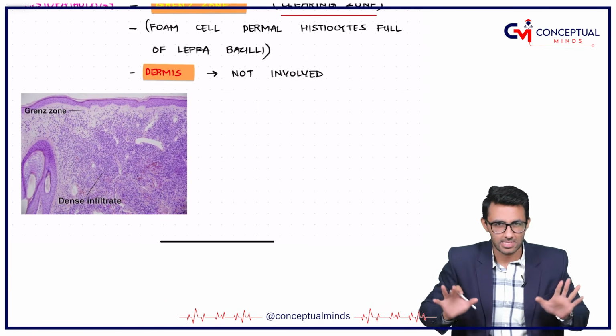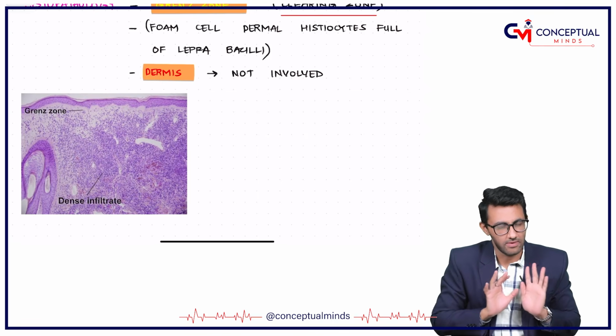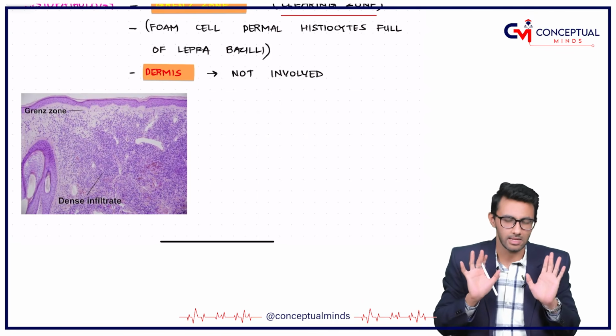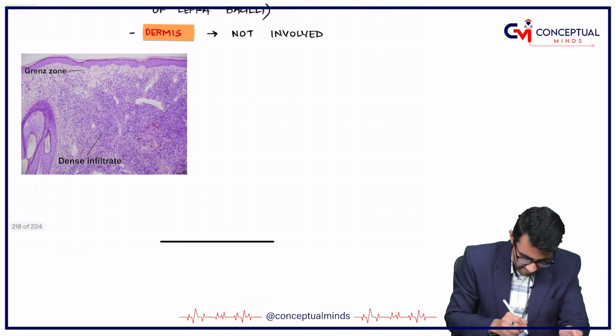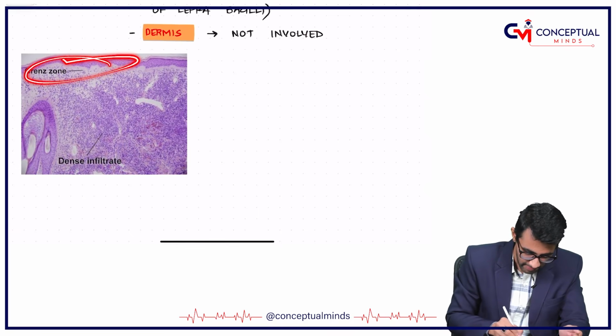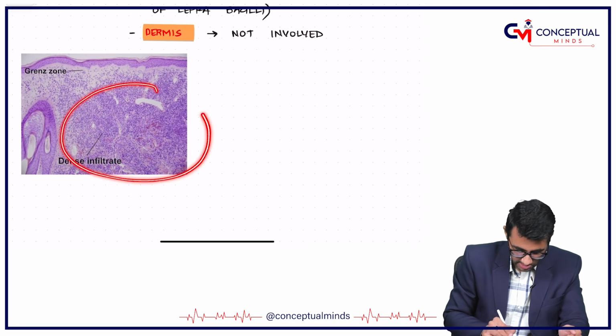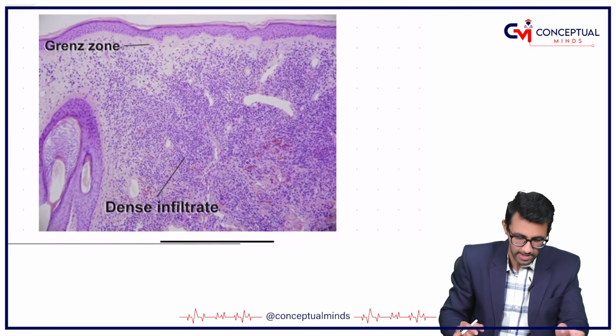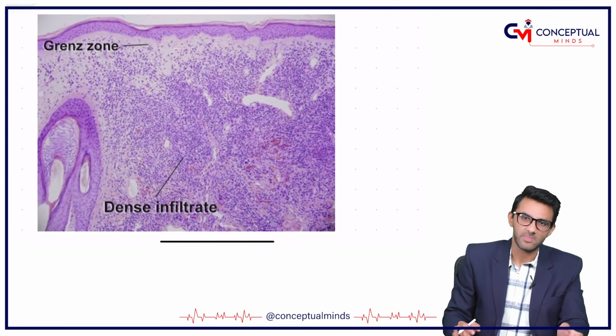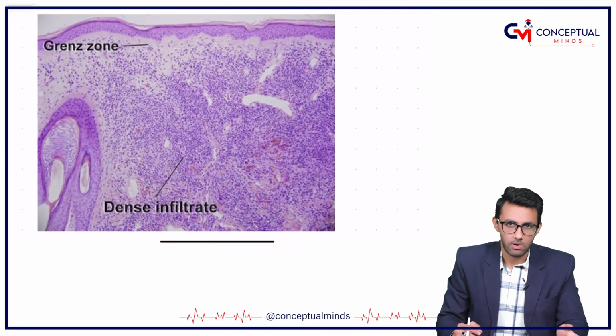If you understood these 6-7 vocabularies, you have understood everything very crystal clearly. Here this is the Grenz zone, where there is no infiltration of the macrophages, and over here there is a very dense infiltrate. So that is all about the LL type.